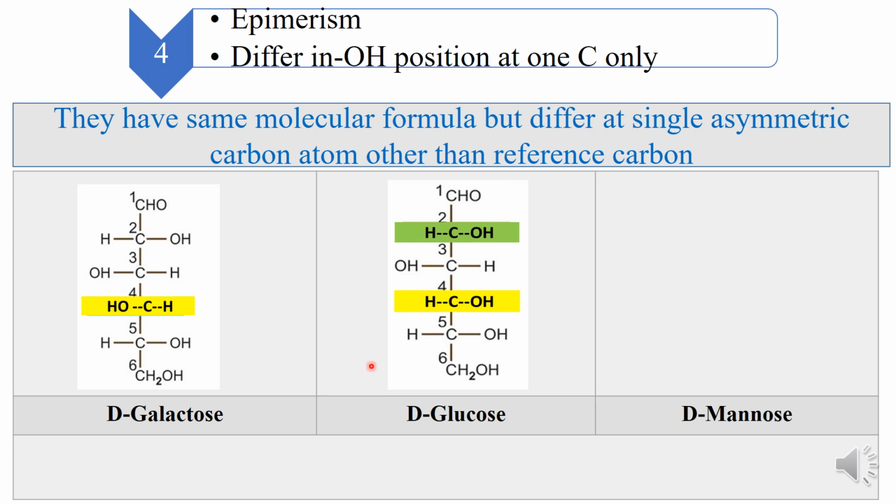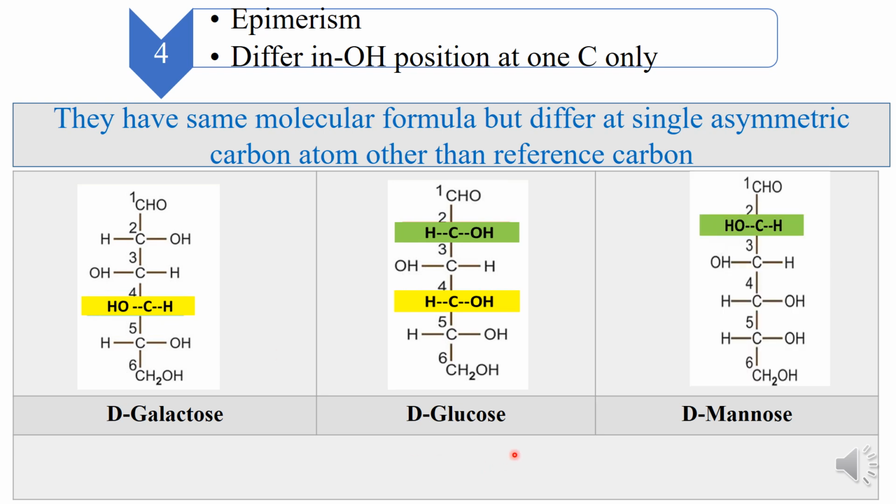In between glucose and galactose, the position of hydroxy and H ion are same except at carbon number 4. Similarly, glucose and mannose are also epimers, but the difference lies only at carbon number 2. In rest of the carbons, the position of hydroxy group and H ions are same in both glucose and mannose.